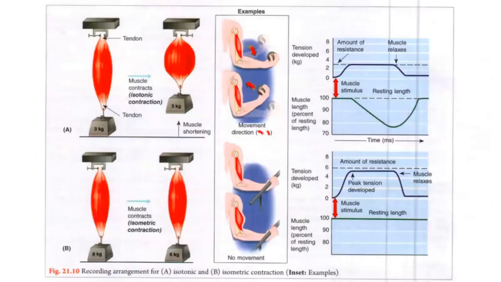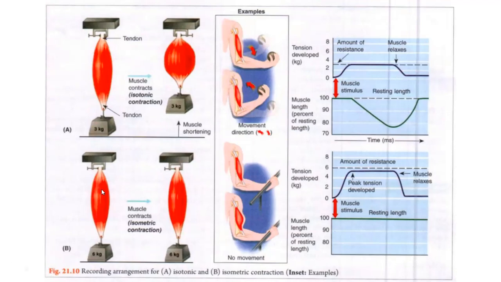So we have something called an isometric and an isotonic contraction. First we'll be talking about the isometric contraction. In physics, the work done is equal to force multiplied by the length it travels. That is the contraction that happens.